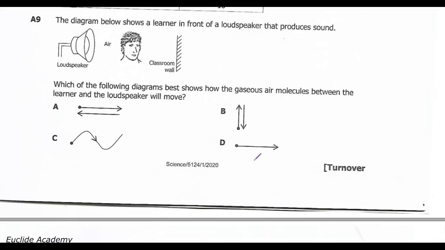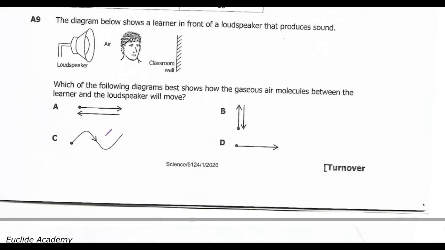Sound waves are longitudinal waves, and the direction of the particles is in the direction of the movement of the wave. The particles are not going to move perpendicular to the direction of the wave.